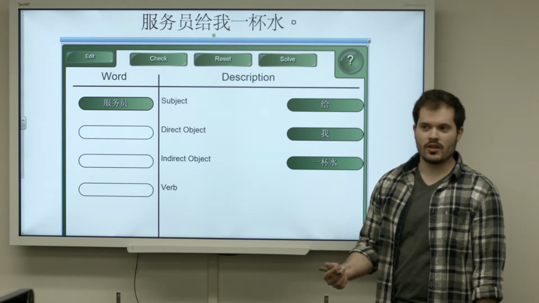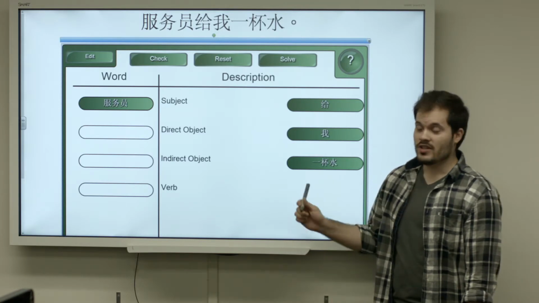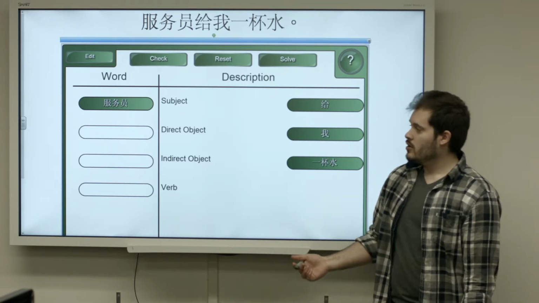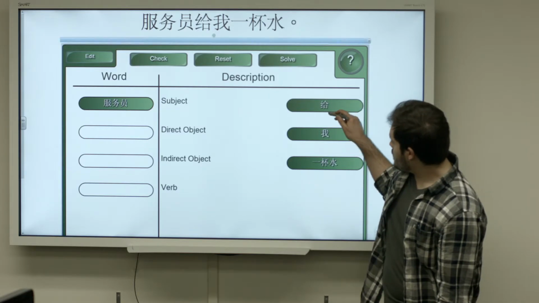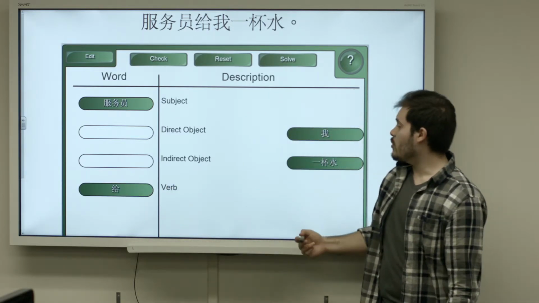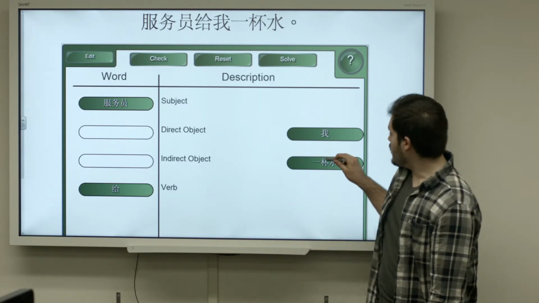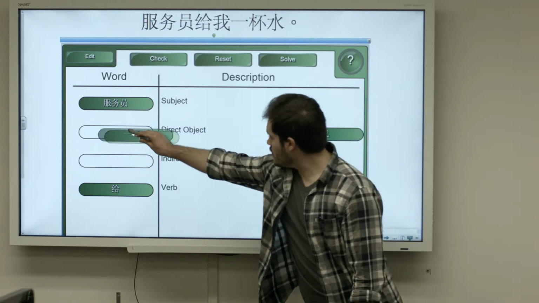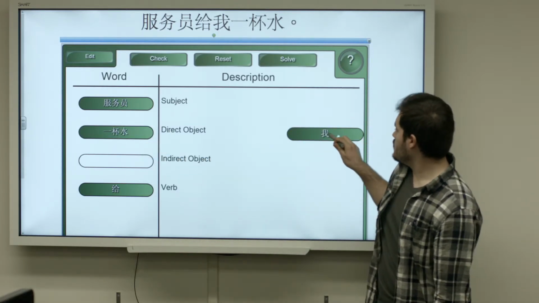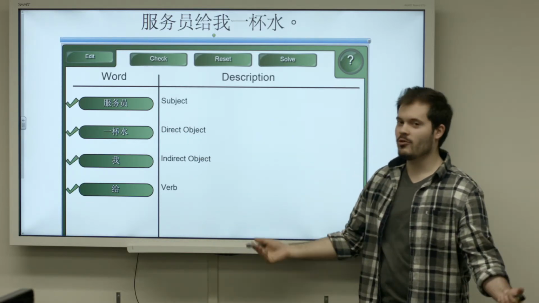Remember when he sent a letter to Li You, we said 给李友发了一封信. But in this case, 给 is the main verb, meaning to give. So, 服务员给我一杯水. So what's being given here? It's a cup of water. 一杯水. And who is it being given to? 我. So let's check that. And we're right again.